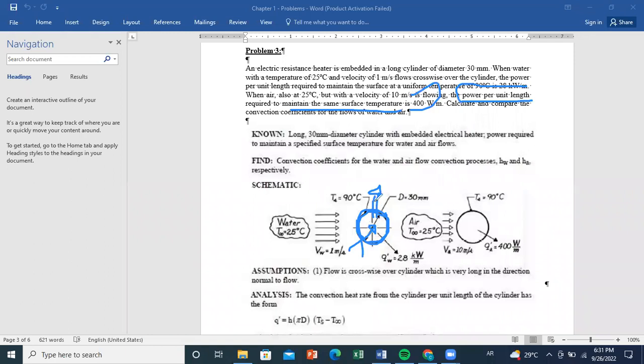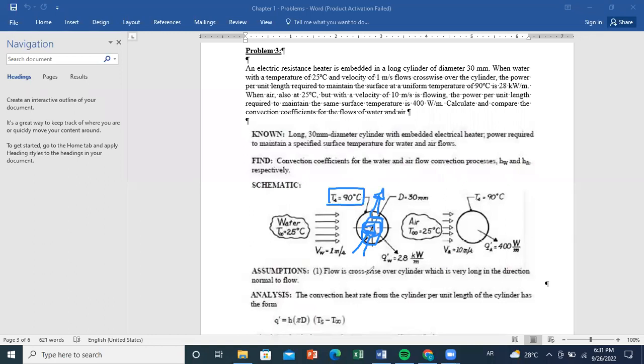Whenever you have such a problem, try to write the energy balance equation because you know that nothing is lost. So at the end, since you have steady conditions, so you don't have variation with time, the heat that you are giving to your rod, or cylinder, will be lost by convection, and this will ensure a constant temperature at the surface.